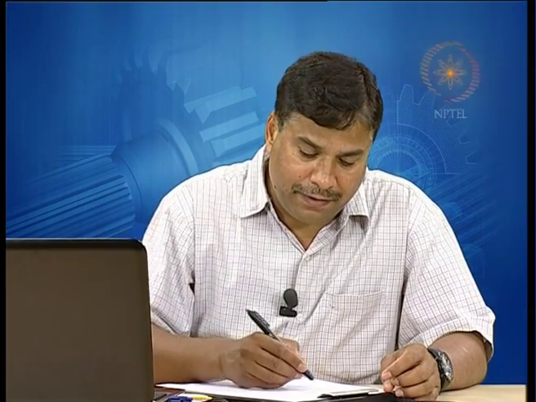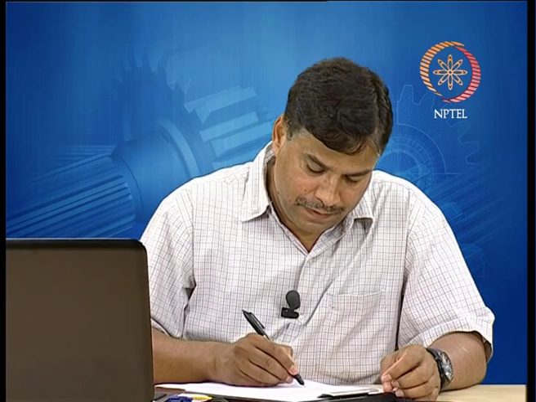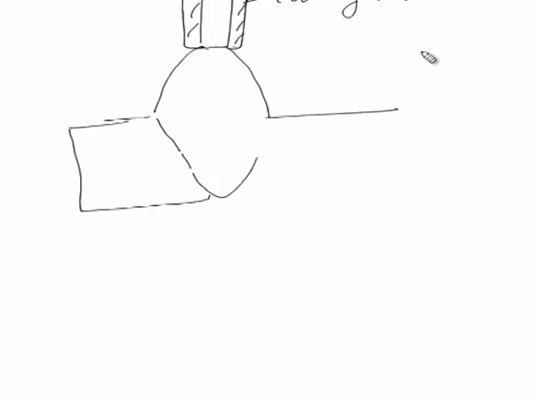So, the core wire is covered with the coating material, and when the arc is developed between the electrode and the base material, the weld pool is generated by the heat of the welding arc. This is the welding arc, and molten metal is formed at the tip of the electrode.